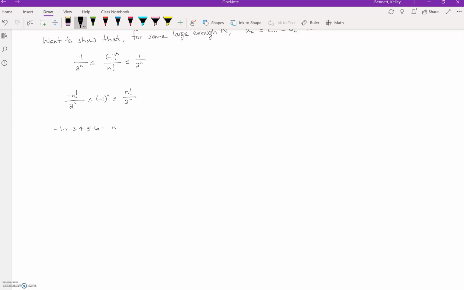That's n factorial. And on the bottom, I have n copies of 2. So 2 times 2 times 2 times 2 times 2 times 2. And there are n copies of 2, right? So this is multiplied together n times per the definition of 2 to the n. In the center, I change nothing.